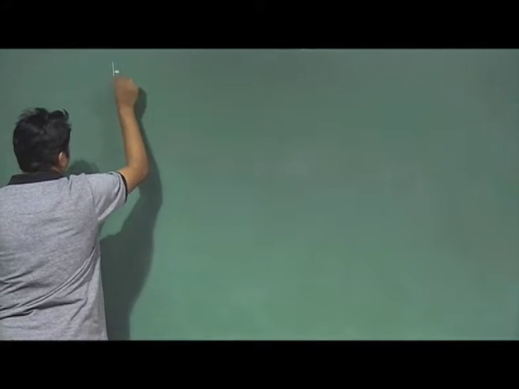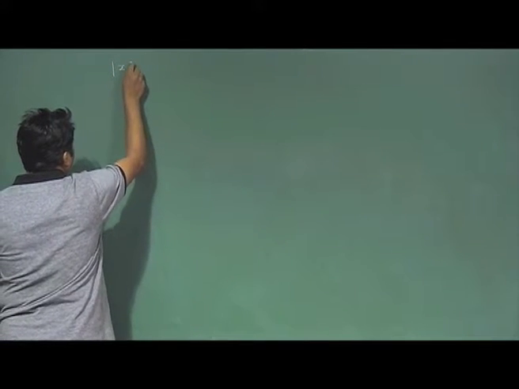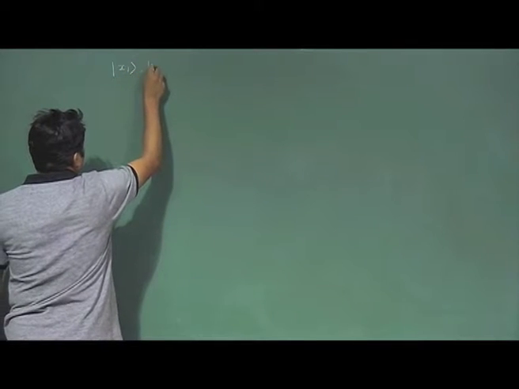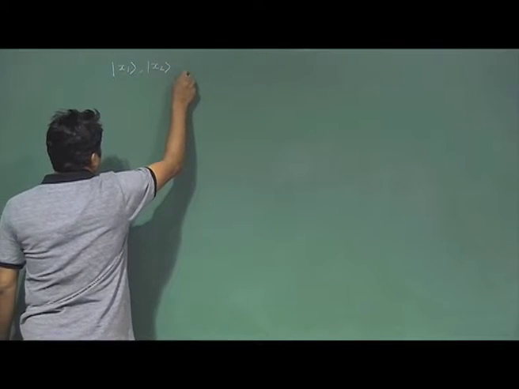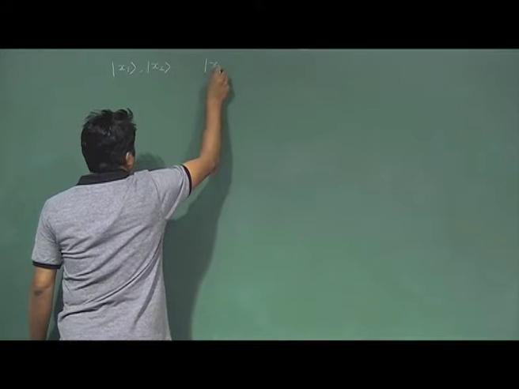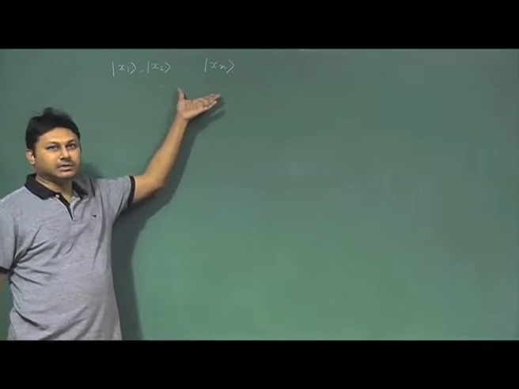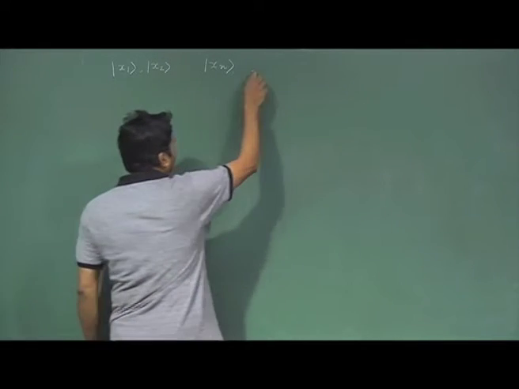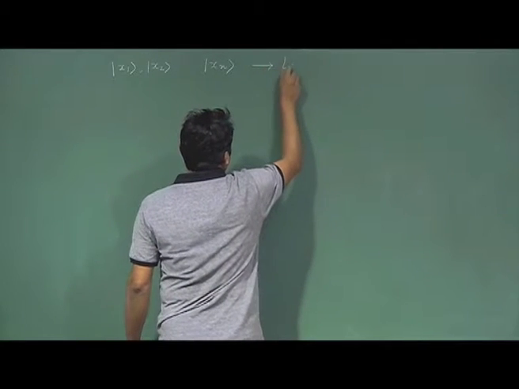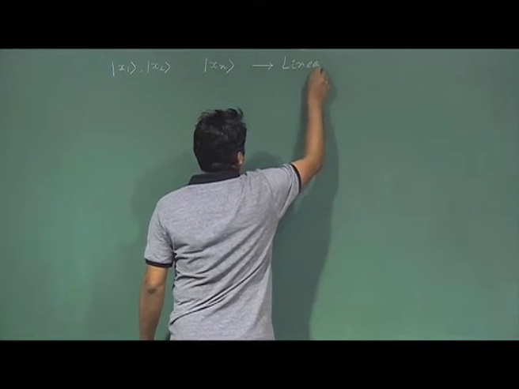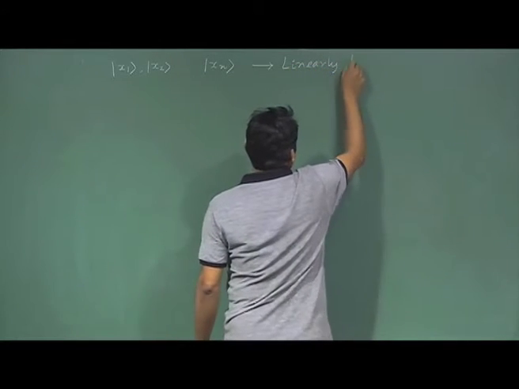suppose a set of vectors is given, like x1, x2, ... xn. These are the set of vectors that is given, and also I mentioned that they are linearly independent.